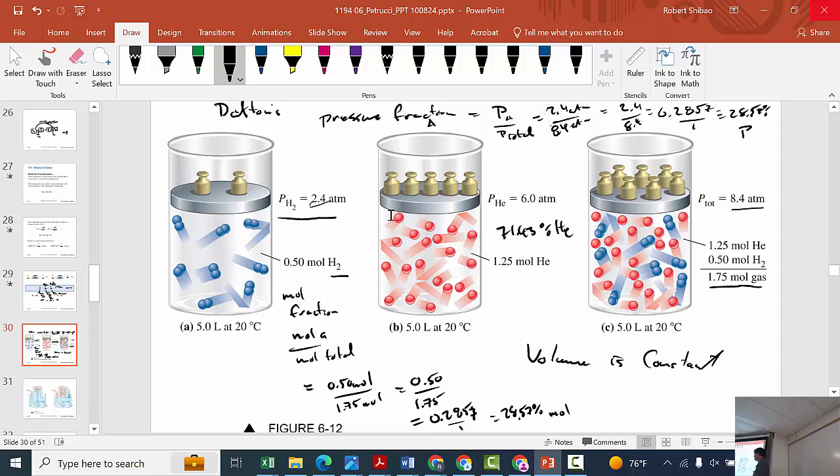And so the volume is constant. Everything has a volume of 5 liters. The hydrogen has a volume of 5 liters, the helium has 5 liters of volume, and the mixture has 5 liters of volume. And so what we say is constant 5.0 liters.